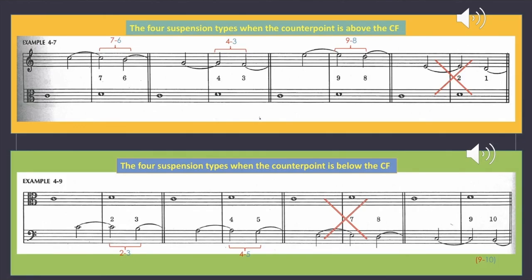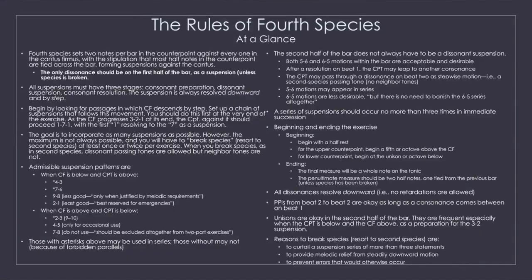It's fine when you have more voices, but in 2 voices it's too exposed. And that's 2-3 or 9-8. It's the same exact thing. You could treat them in the same way, just an octave difference.